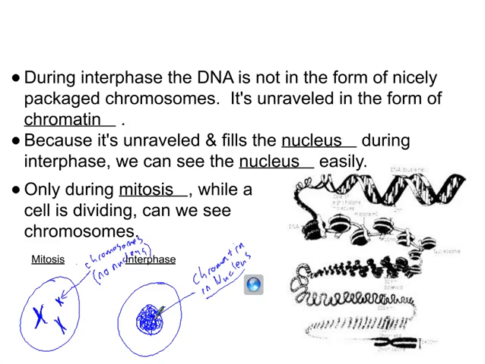Amino acids. And what's the blueprint for those proteins? RNA. And RNA is based on DNA. So how easy would it be to work with DNA that's all locked up all the time? Not very easy. So wouldn't it make sense that here it's kind of unpackaged?